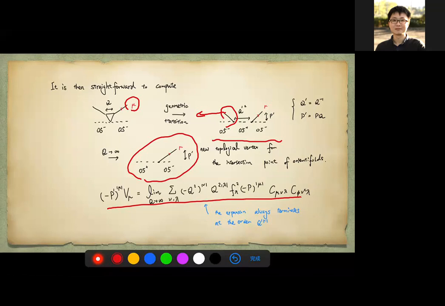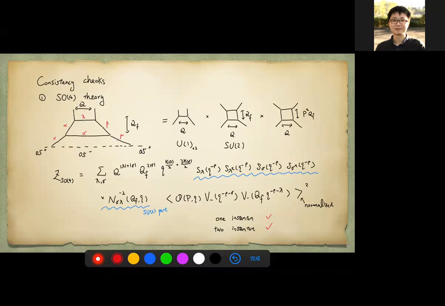Let me skip to the consistency check part. First, let's consider the SO4 theory. As I mentioned before, it's actually equivalent to this diagram times this diagram times this diagram.